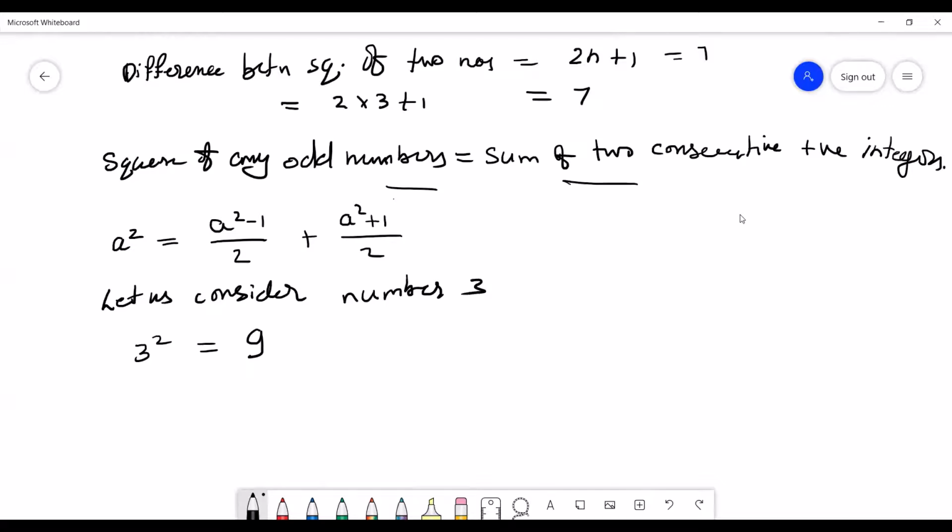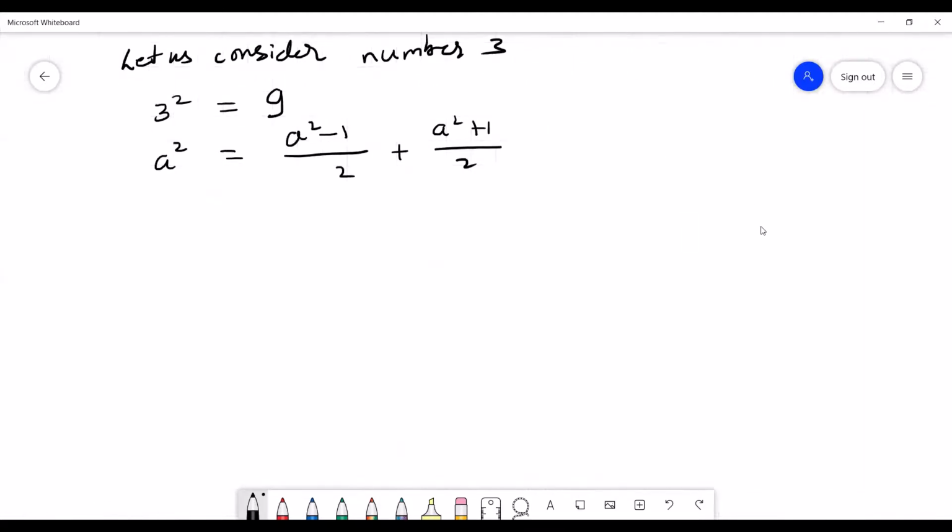Here a is representing 3. So we are going to write this in the form of a square is equal to (a square minus 1) by 2 plus (a square plus 1) divided by 2. Here, a square is representing 3 square. So 3 square is equal to (3 square minus 1) divided by 2 plus (3 square plus 1) divided by 2.